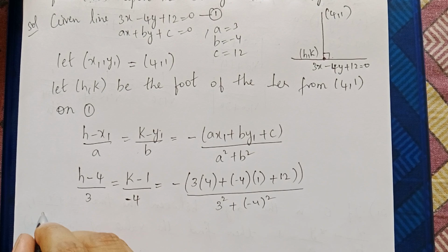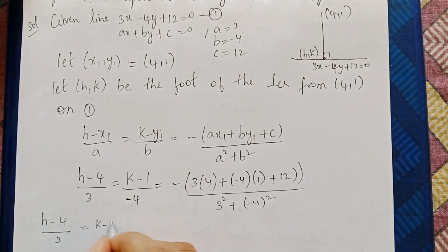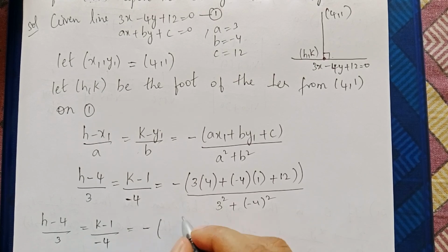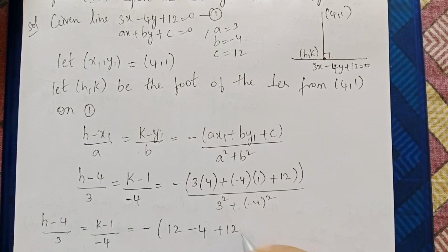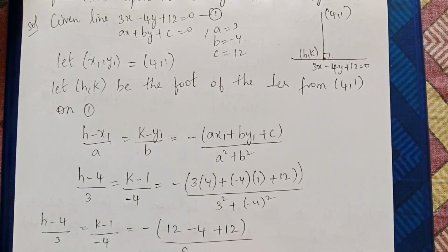So it will be (h minus 4) by 3 equals (k minus 1) by minus 4 equals negative of (3 fours are 12, minus 4, and plus 12) by (3 square is 9 plus 4 square is 16).